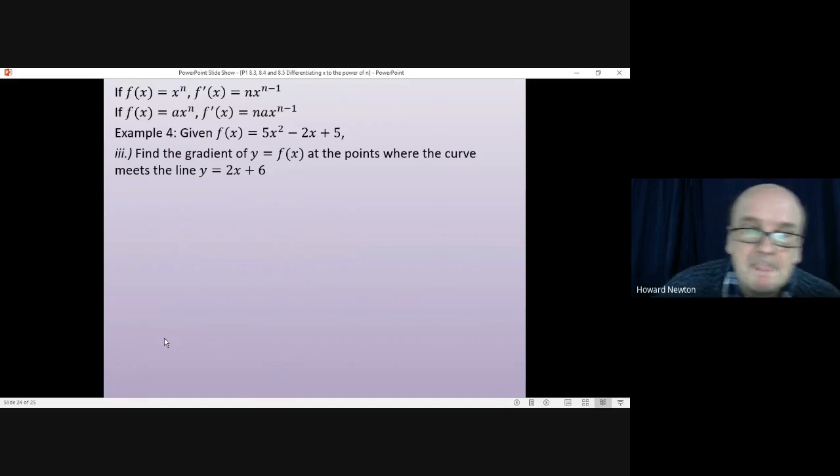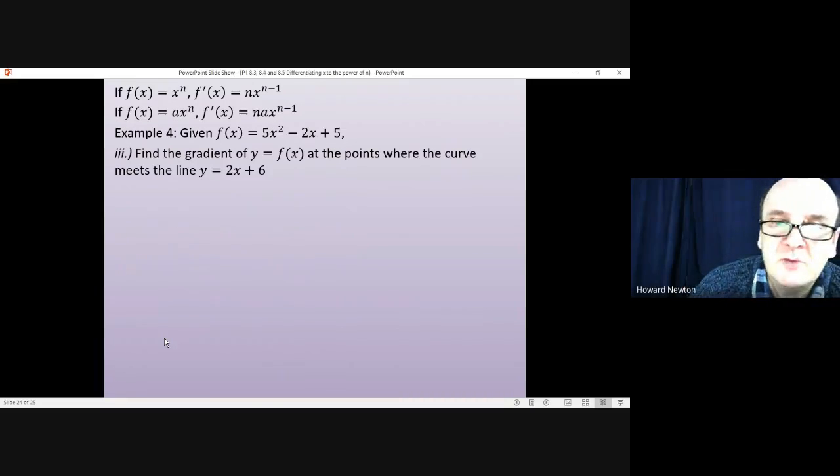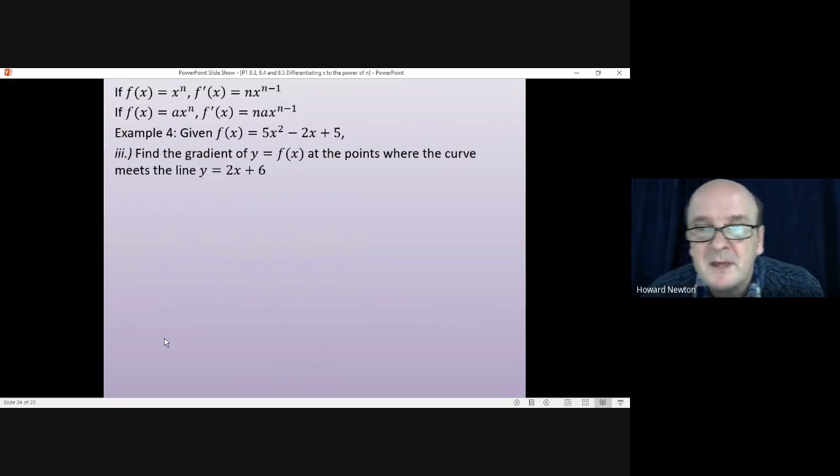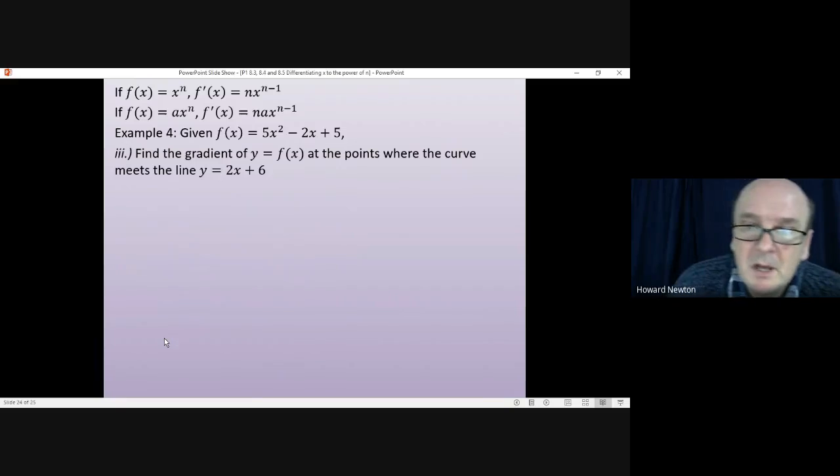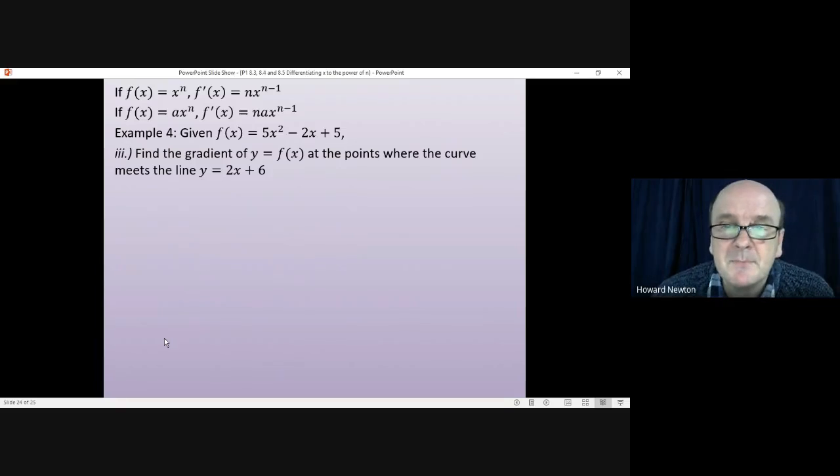Part 3 asks us to find the gradient of y equals f of x at the point, or the points, where the curve meets the line y equals 2x plus 6. So we've got a quadratic curve, which is going to intersect this straight line at 2 points. The first thing we need to do is find those 2 points, which means solving these two equations simultaneously.